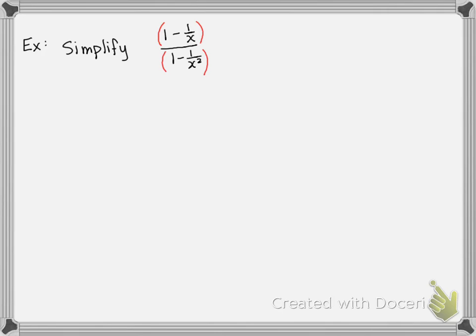So we group our addition, well, in this case, it's just subtraction. And then we have our division right here. So we've got 1 minus 1 over x divided by 1 minus 1 over x squared.